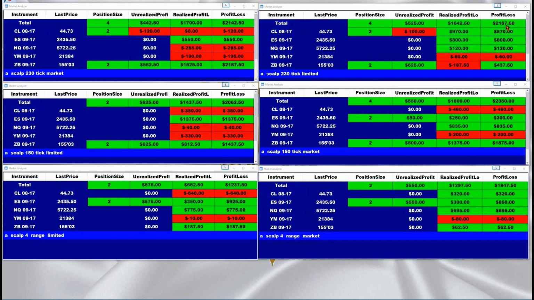And don't forget, we just had the news on the CL, and the market was going very fast. So that's why we wanted to test it when the market is a little bit speedy, to see if there is a huge difference.